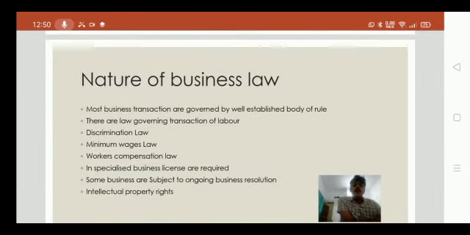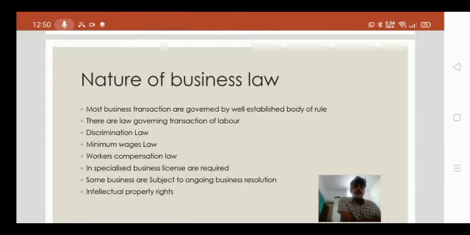Now, what is the nature of business law? Most business transactions are governed by a well-established body of rules. There are laws governing labor transactions, discrimination law, minimum wages law, and workers' combination law.